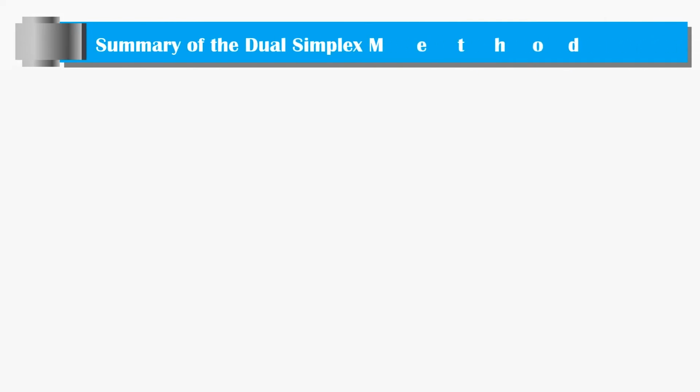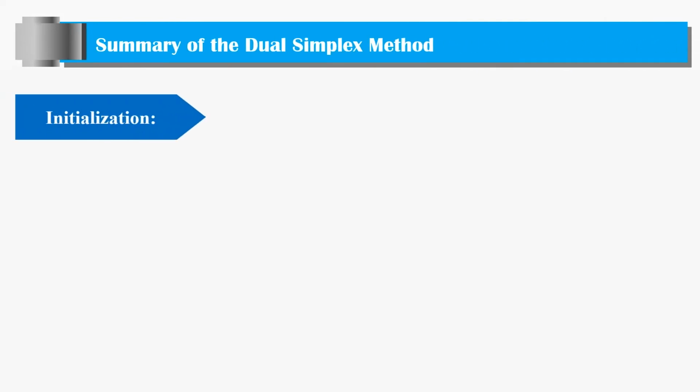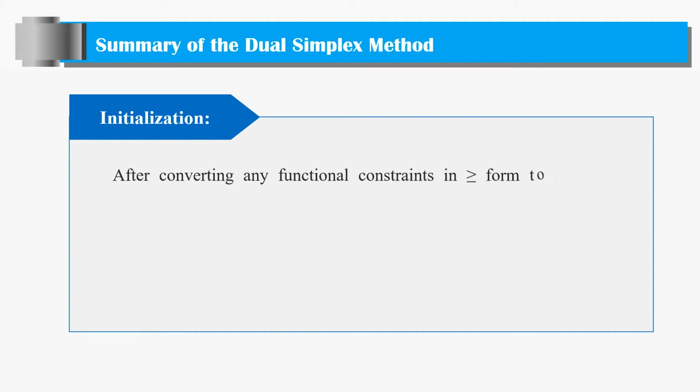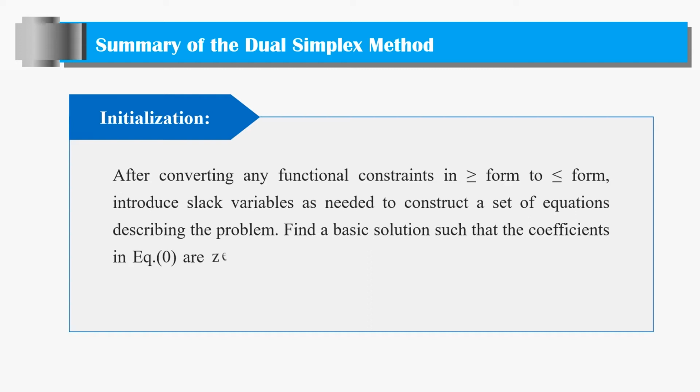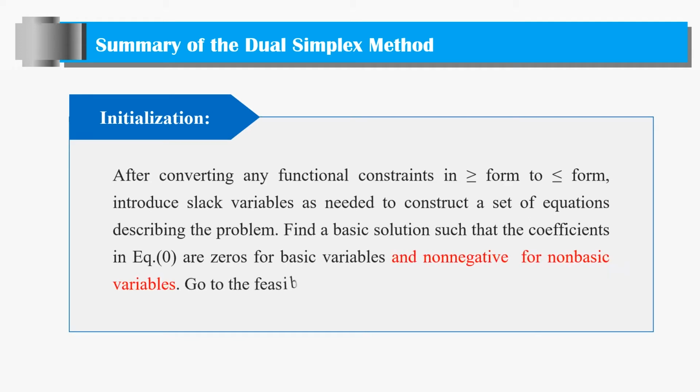To start the dual simplex method, after converting any functional constraints from greater than or equal to form to less than or equal to form, we introduce slack variables as needed to construct a set of equations describing the problem.